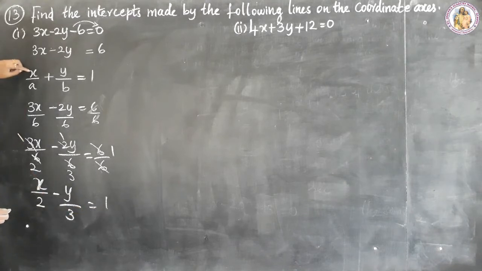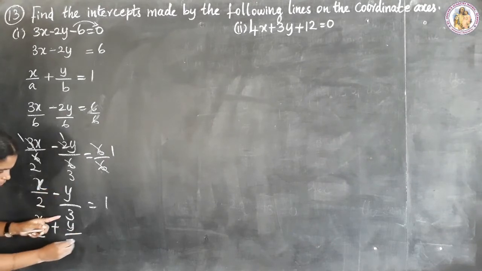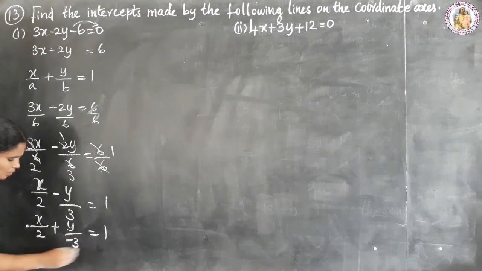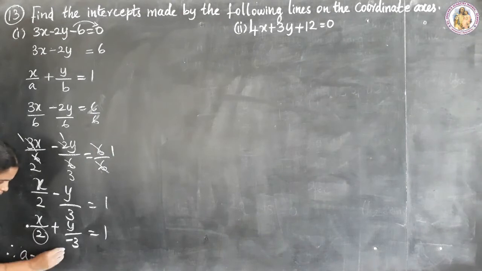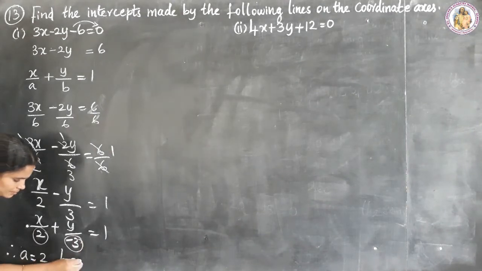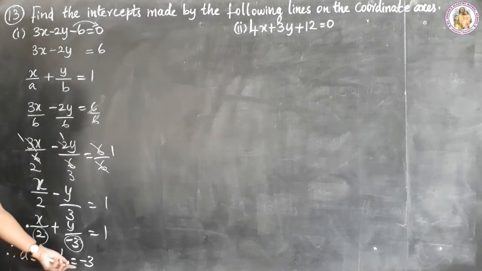As per the formula, write x divided by 2 plus y divided by minus 3 is equal to 1. Therefore a is equal to 2 and b is equal to minus 3. So x-intercept a is equal to 2 and y-intercept b is equal to minus 3.